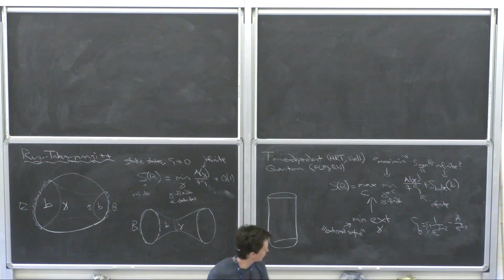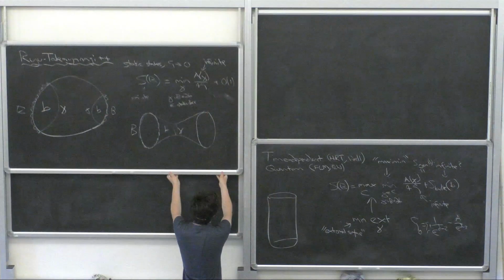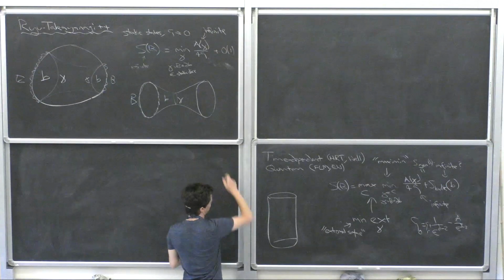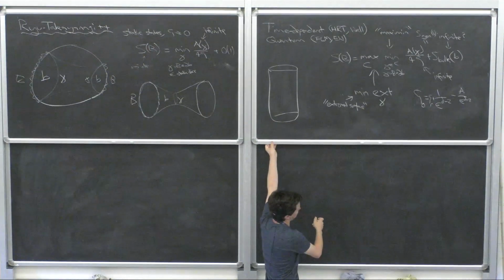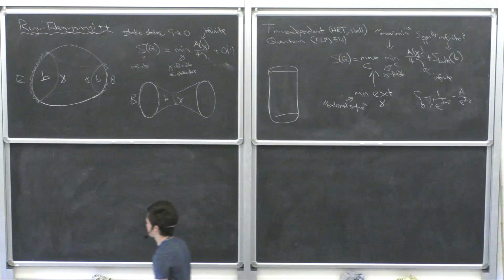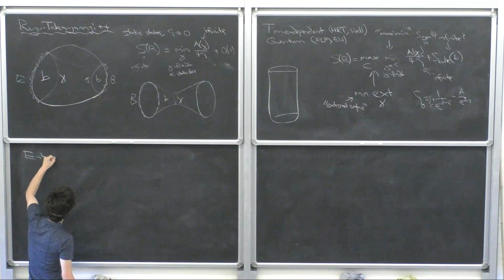Okay, great. So there's one remaining thing which I should talk about very briefly, though it's mainly going to be the focus of Chris's lectures later this week, and that's this idea of entanglement wedge reconstruction.